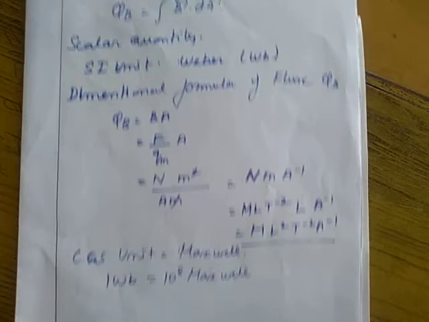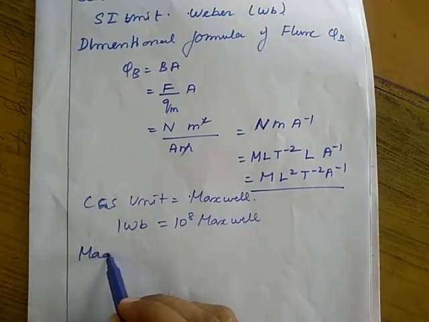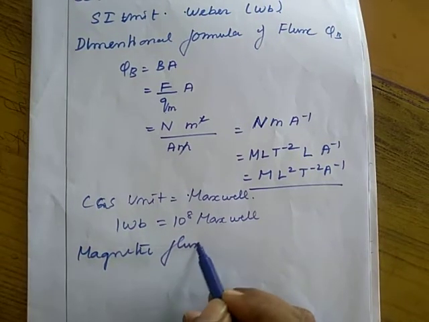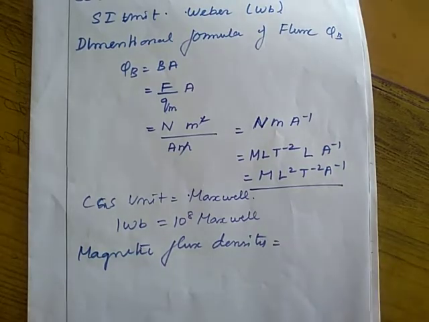Then our next topic is magnetic flux density. That is an easy one. Magnetic flux density is nothing but the number of magnetic field lines per unit area. Here that area is kept normal to the direction of field lines.